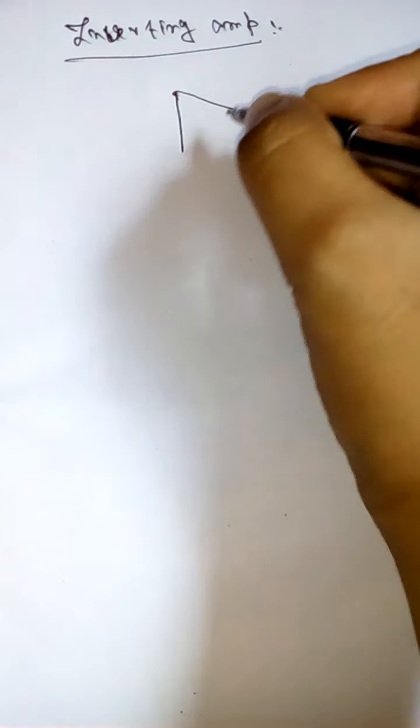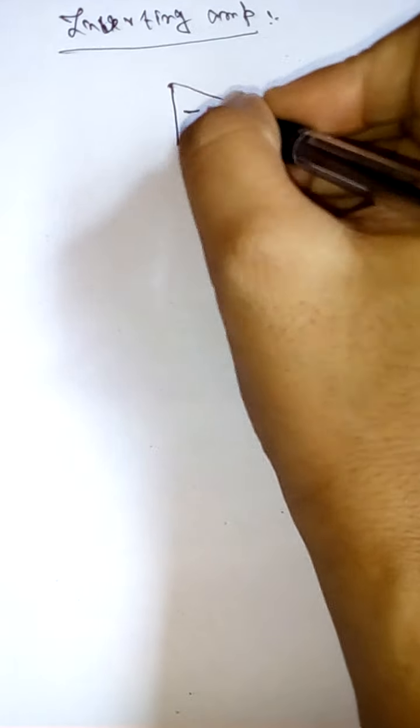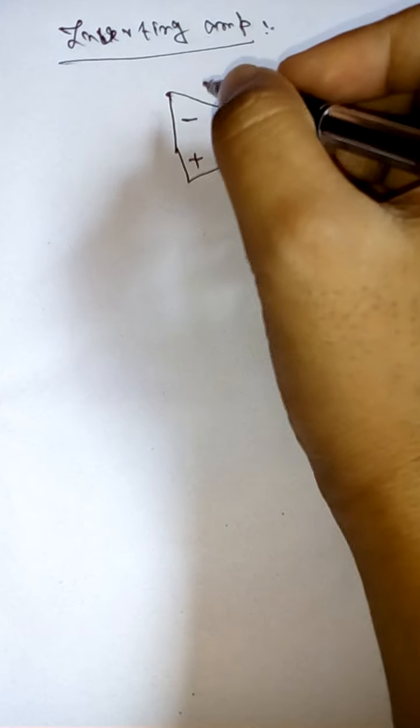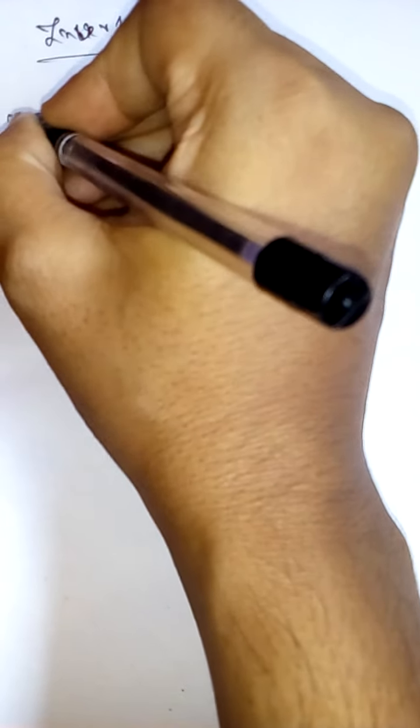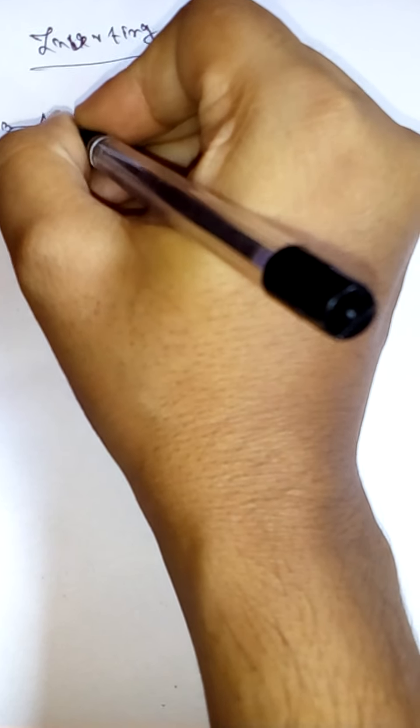If we see the configuration of Op-amp, this is the non-inverting terminal and this is the inverting terminal, and here we apply R1.